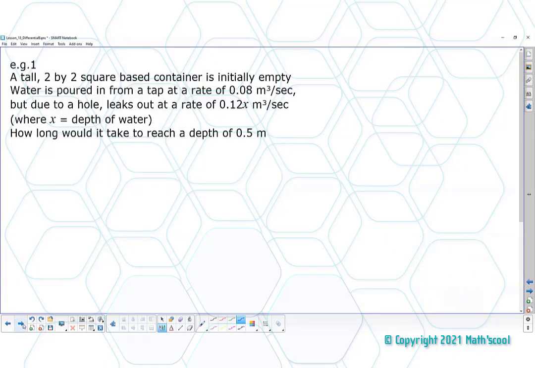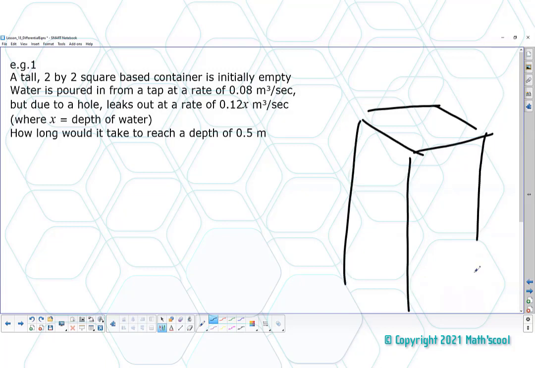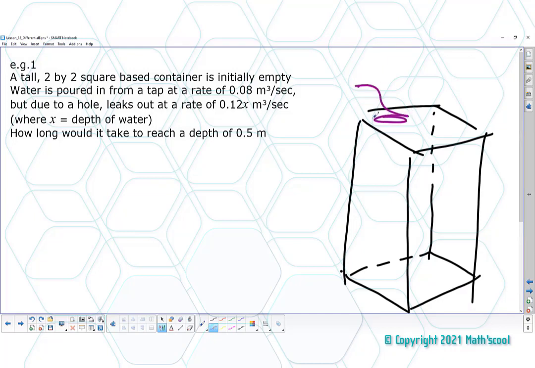A tall 2x2 square base container is initially empty. So this is my container. And it's empty. I'm going to pour water into it from a tap. So I've got a tap here. And I'm going to pour water into it.